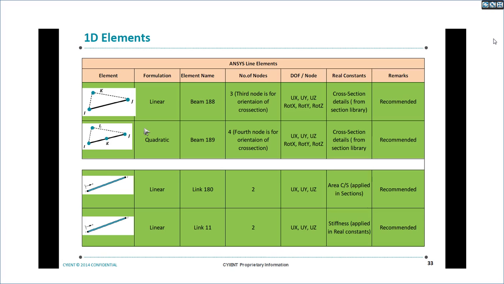And coming to 1D elements, most of the things we have are recommended. We have link 11, link 180, beam 188, beam 189, all are recommended.